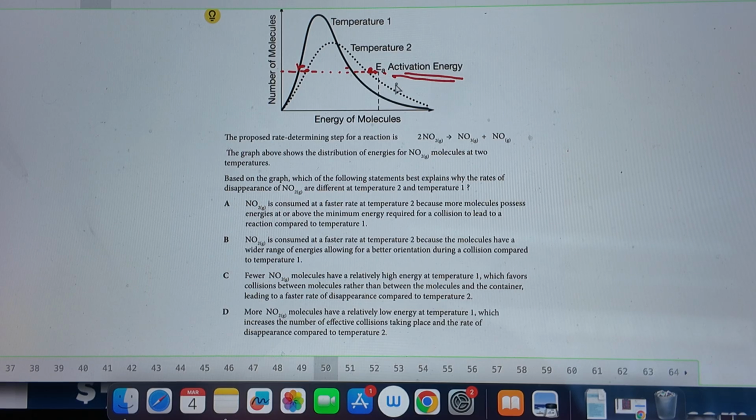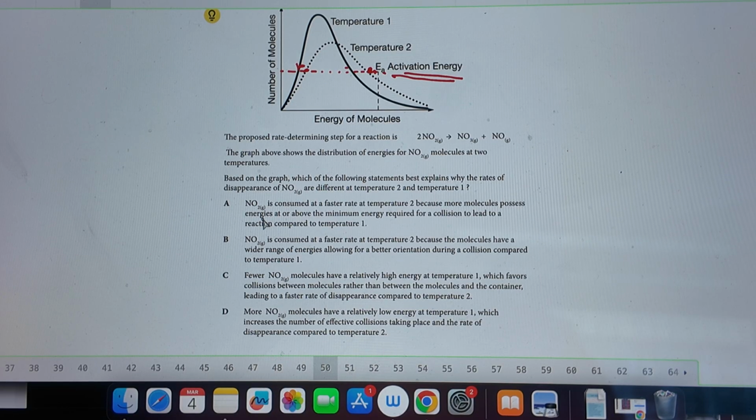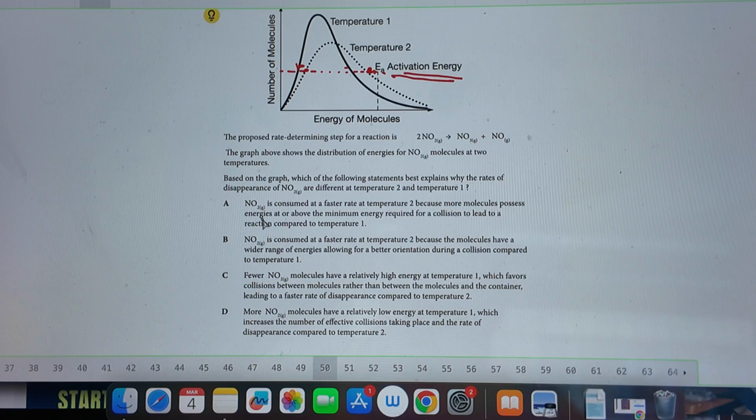A says NO2 is consumed at a faster rate at temperature 2 because more molecules possess energy at or above the minimum energy required for a collision to lead to a reaction compared to temperature 1. Yes, that's exactly true.